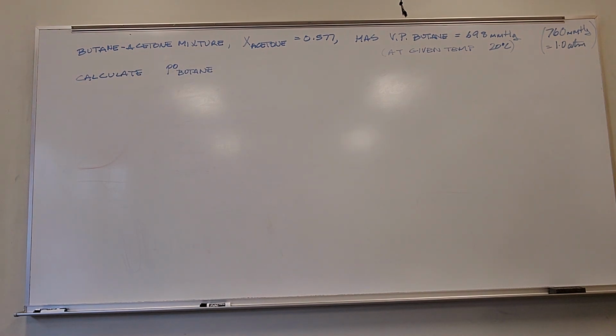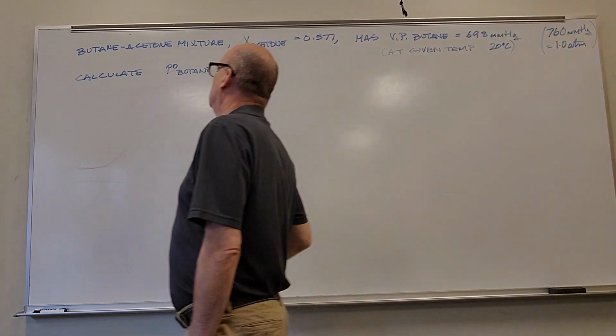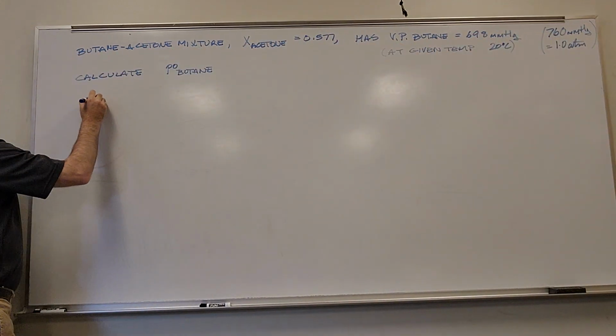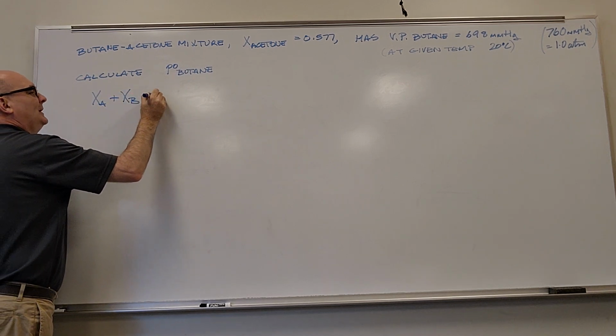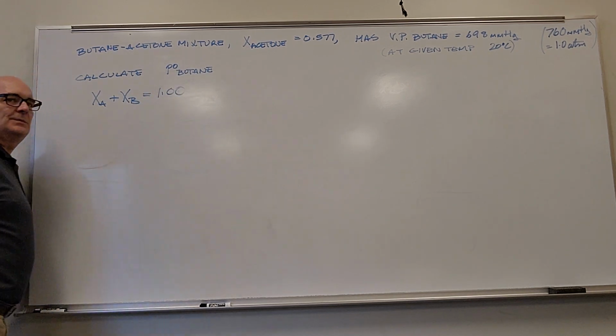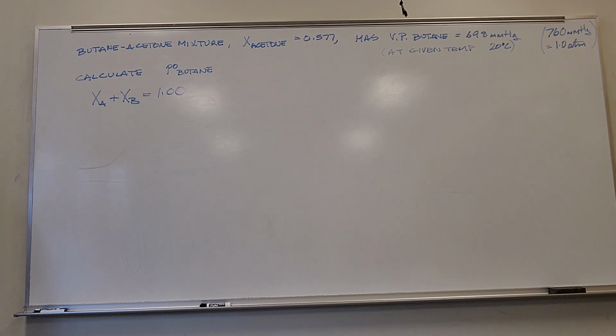1 minus. Yeah. XA plus XB has to be equal to 1.00. Our mole fractions are like percentages. Instead of being out of 100, they're out of 1.00.